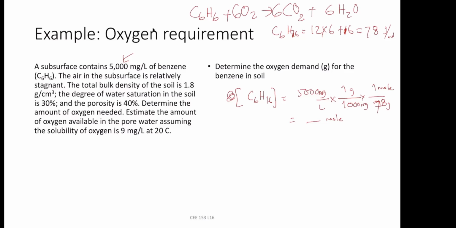No, that's not true. 6CO2. We have to balance it. It's not balanced.